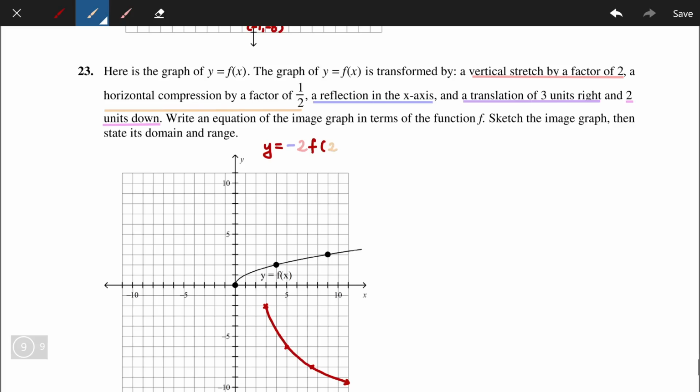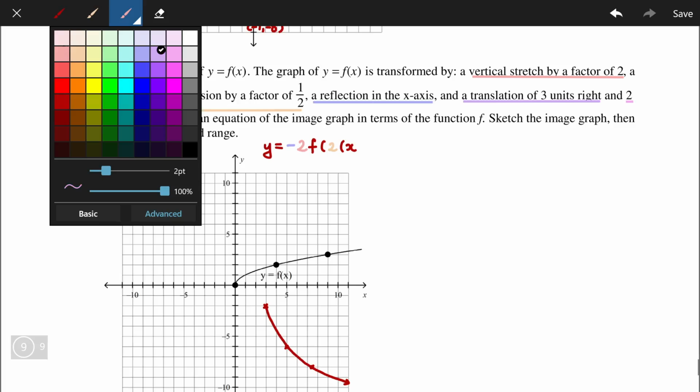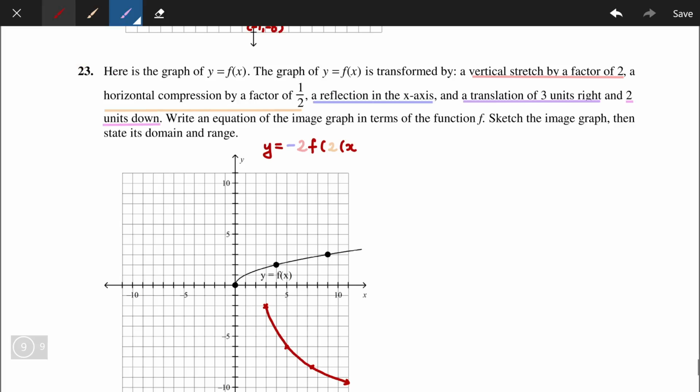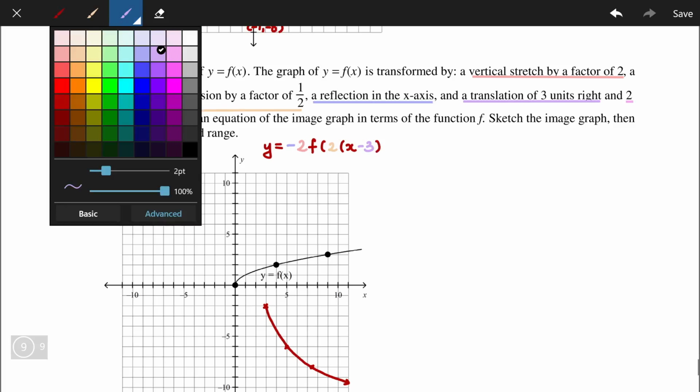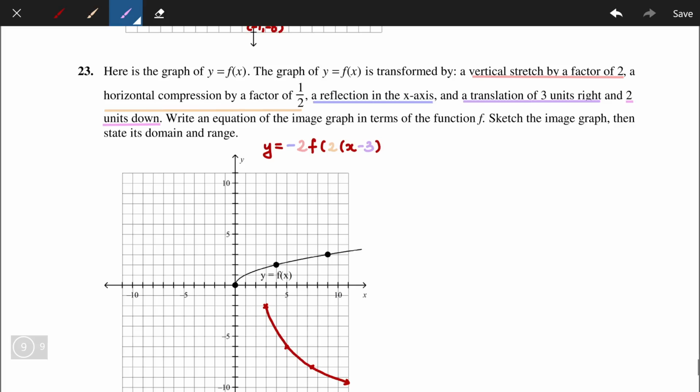The stretch was by 1/2, so the b value is 2. Right. And then finally the translation, 3 units right, that would be -3. Like so. And then 2 units down, so that would be minus 2. Oh, sorry, I forgot a parenthesis here.